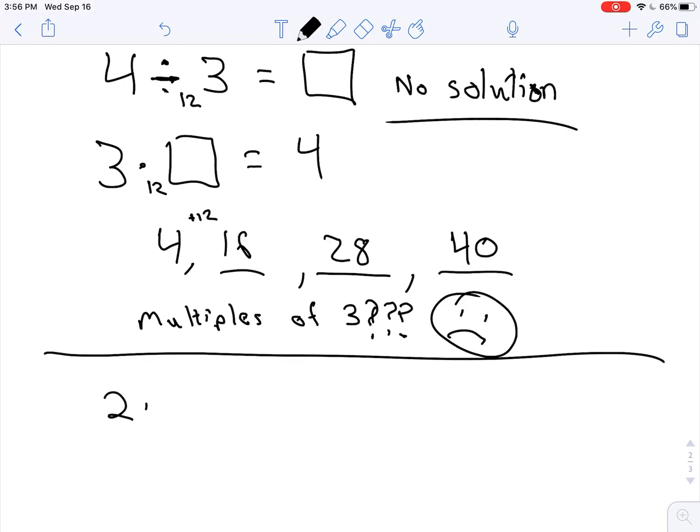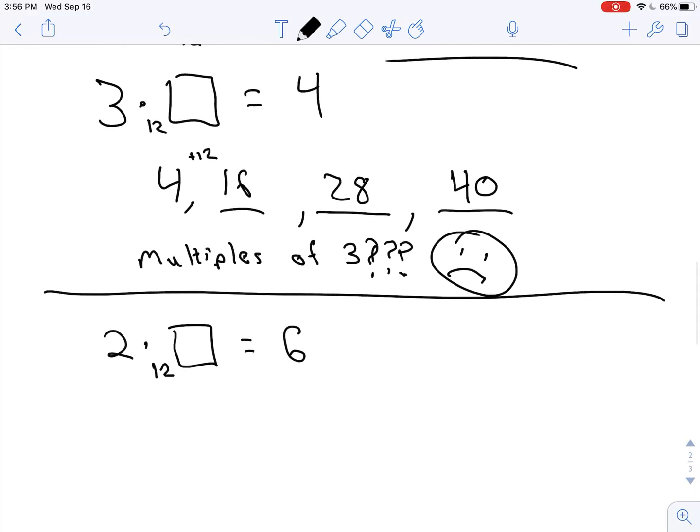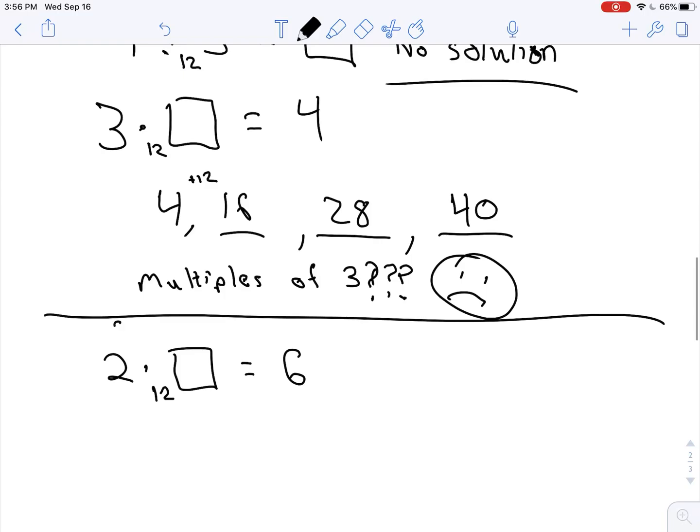By the same token, this mod also could generate multiple answers. This mod 12, if I say 2 times square equals 6, it's almost immediate. Students say, oh, I know the answer is 3, but wait, before you write a 3 down, again, let's see, and of course this would have been 6 divided by 2. I'm sorry, I kind of got ahead of myself here.